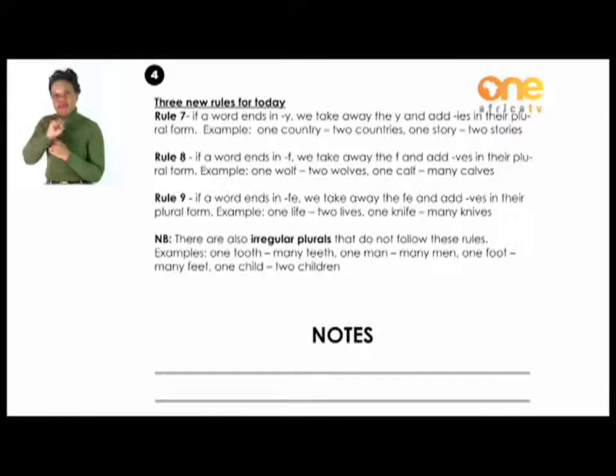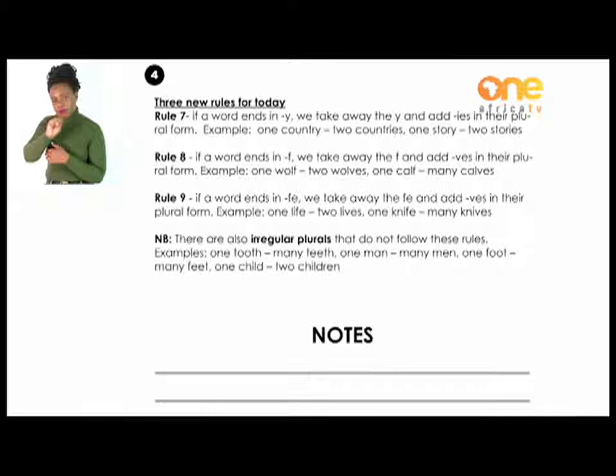Country is a noun, and it's ending with a Y. When there are more than one, I remove the Y and replace the Y with IES to become countries. Story, stories. That's rule number 7. Throw away the Y. Replace with IES.